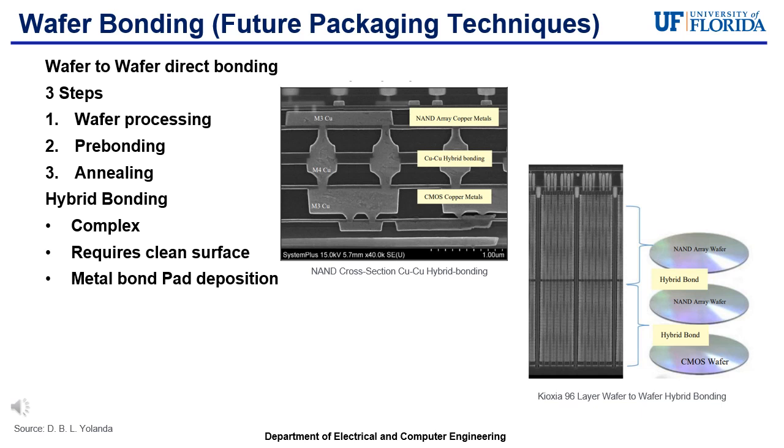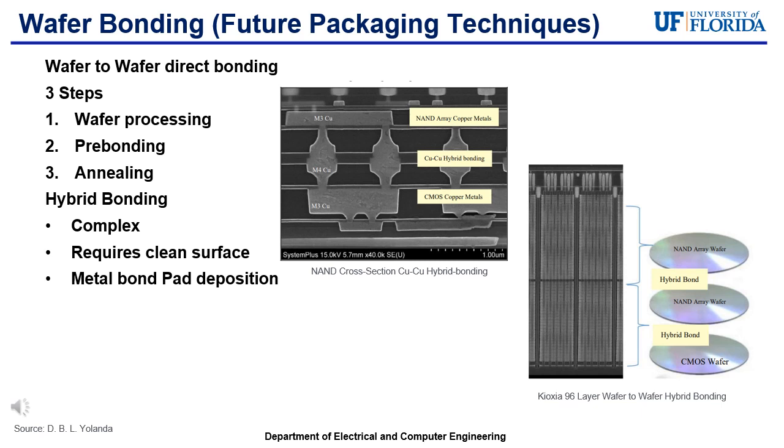Any mismatch can result in lower yield rates, as shown in the first figure, where the hybrid bond is mismatched between the copper portions of the wafers. The aligned copper parts of the wafers then create a strong chemical bond through annealing, until the copper expands and merges together as one unit.